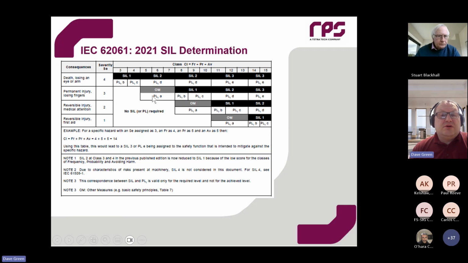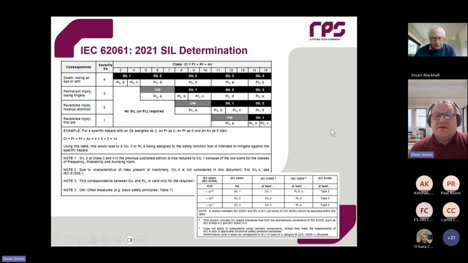And now it lines up and shows you where we are with regard to performance levels, if we were using performance levels as our measure for how much we need to deploy in safety functions. Noting that we go from SIL 1 to SIL 3, there's no SIL 4 within this standard. It stops at SIL 3, but the performance levels are A through to E. So there we go, OM, other measures, basic safety principles. There is some guidance in the standard on how you can implement an OM system within the machinery area.